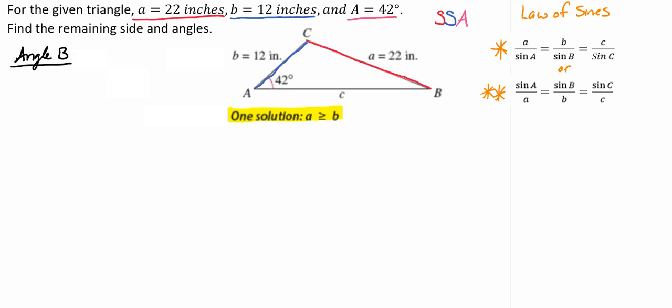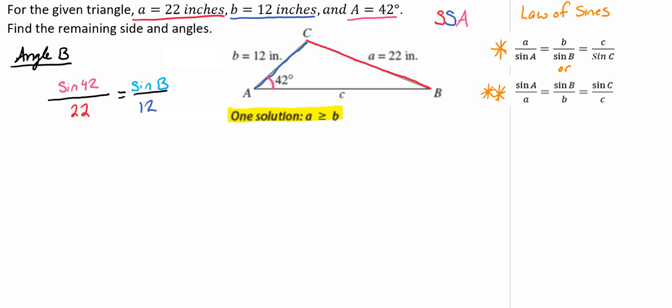We're looking for angle B, and we want to use the sine of angle A and our side A, which is 22 inches. So here we see that we've got the sine of 42 over 22 equals the sine of B over 12. Now we want to get that sine of B by itself so that we can get the B by itself.